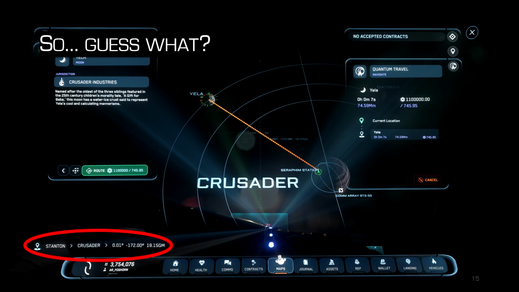It appears to me that whether the game is actually using a spherical coordinate system in the ones and zeros in the background, or still doing Cartesian coordinates and converting before it displays them to us, that's a possibility. I don't know. But at least what I'm seeing looks like we're getting a three-dimensional spherical coordinate system, something like an ecliptic coordinate system for Star Citizen. This looks to me like how it's working.